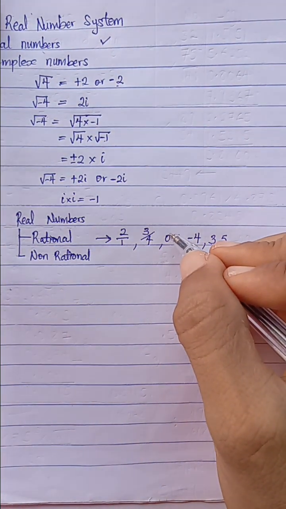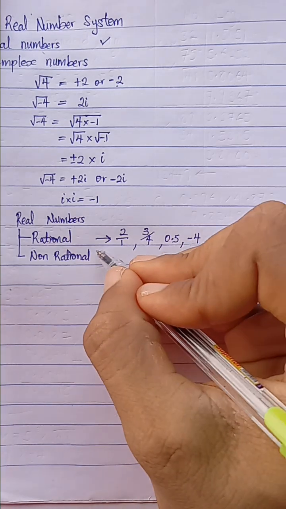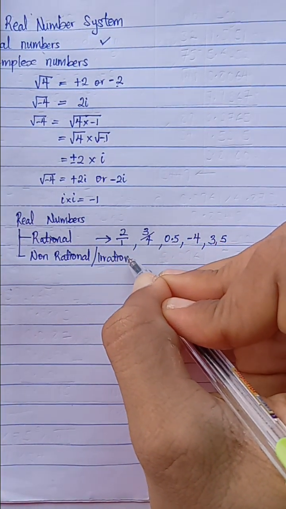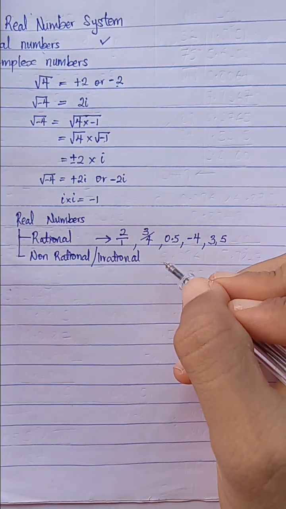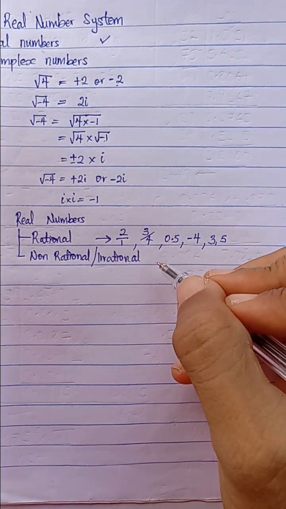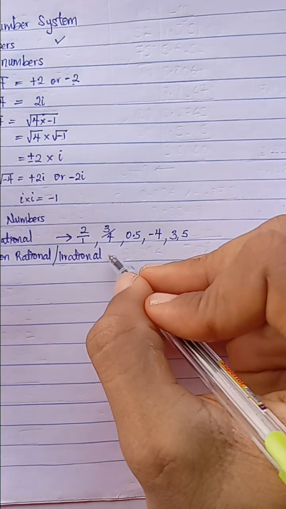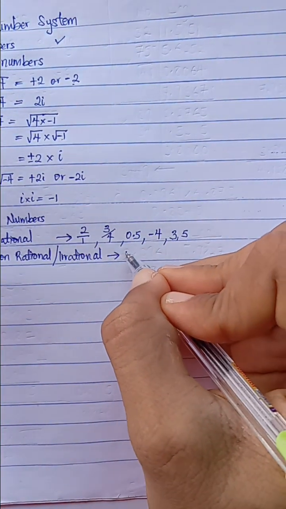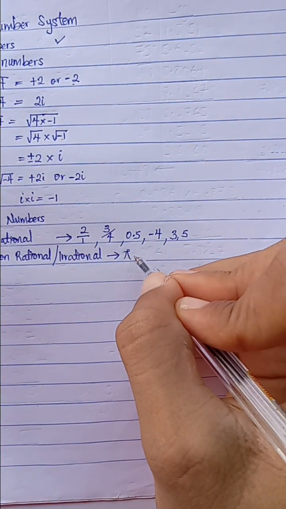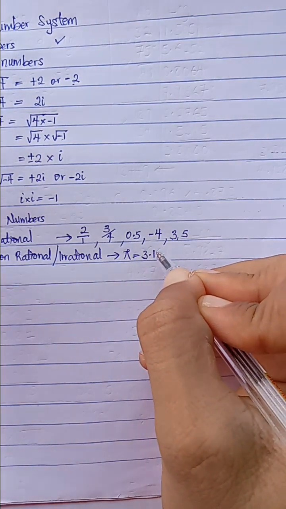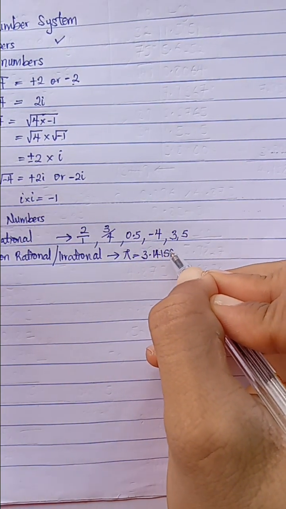But when we're dealing with non-rational, sometimes referred to as irrational numbers, we are referring to numbers that we cannot write exactly as a fraction. Example, pi, which is approximately 3.14159 and so on.